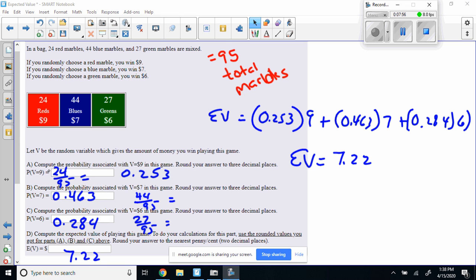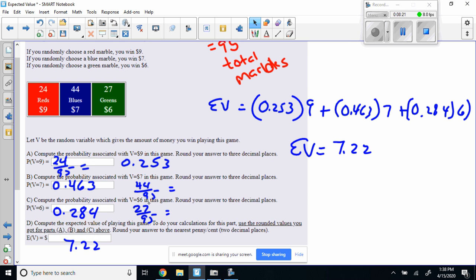So what they did is compute the probability of winning a 9. They asked you each probability for one of them being a red, blue, and green, right? That's what this 0.253 and 0.463 and 0.2484 is, that's where that's coming from.